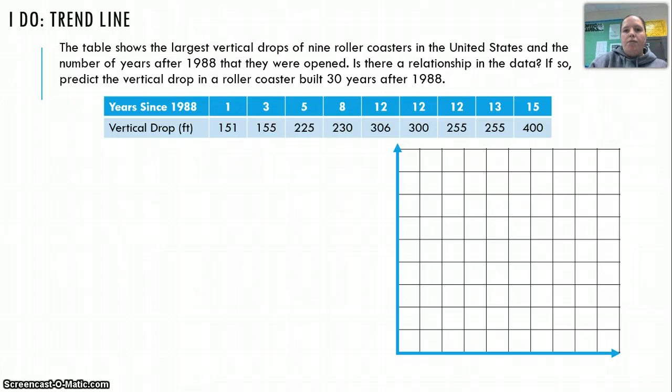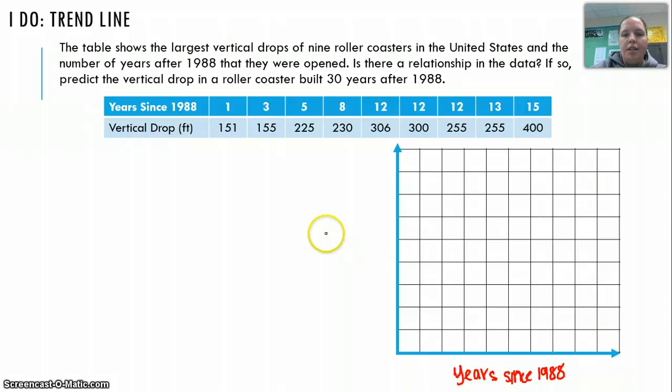To do this, first thing we need to do is make sure our graph is labeled, and this is going to be the years since 1988, and this is going to be the drop in feet. So I need to make sure that on my graph I'm going to be able to fit all my points in.